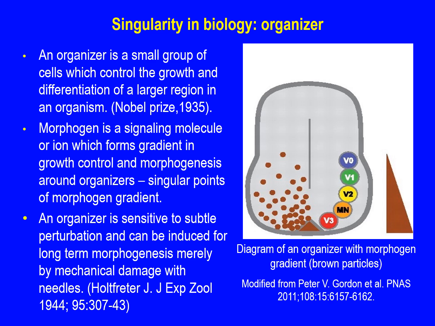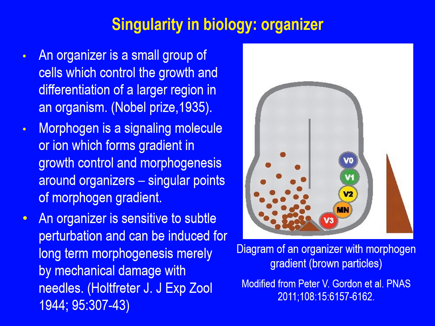And out of this organizer, a brown dot signifies the morphogen. In this case, it's sonic hedgehog.